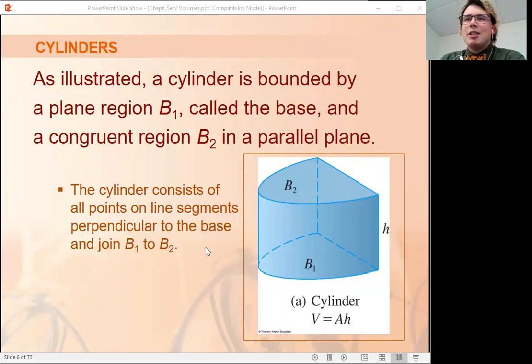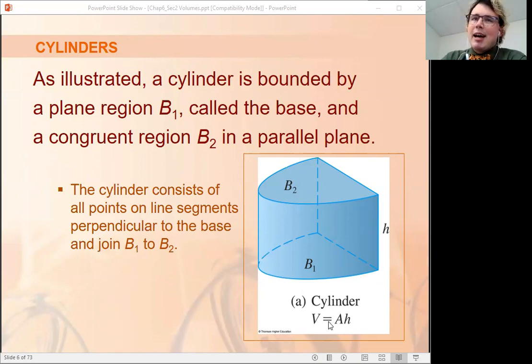More generally, we still use the word cylinder to mean some flat region, which I then project up a distance of h units and have an exact copy of that same region sitting above it. The volume in between is going to be the area of my region, here it's labeled B2, times the height.